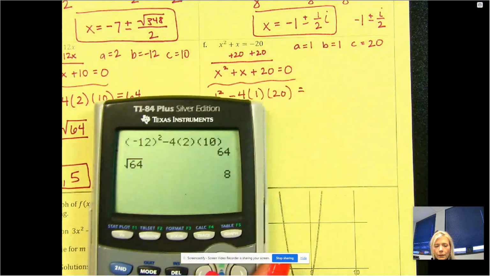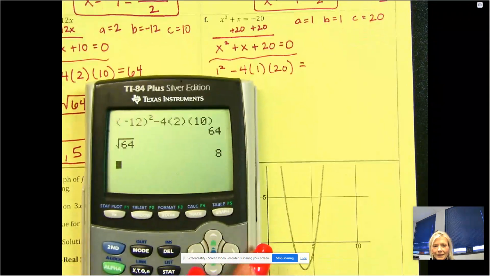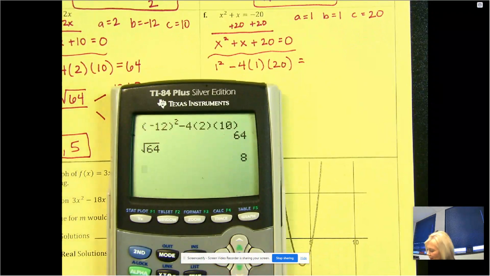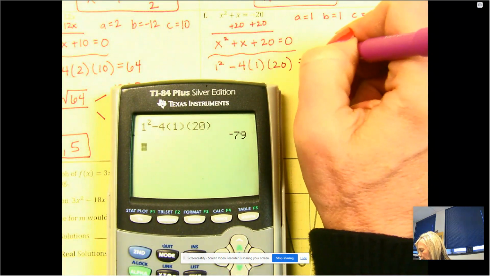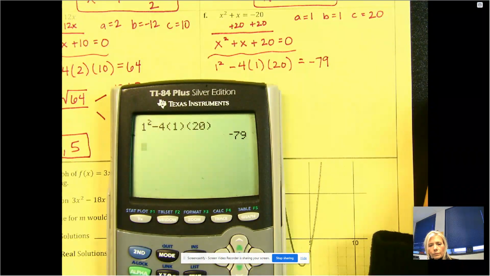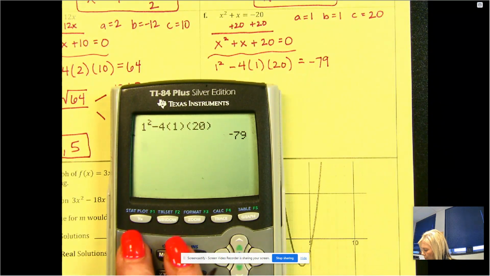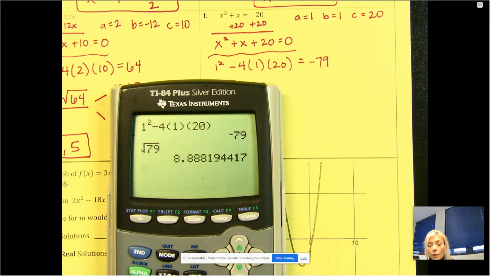I think it's going to be negative. Okay, so 1 squared minus 4 times 1 times 20 is negative 79. And while I have the calculator, I'm just going to check positive 79. Oh, not a whole number.